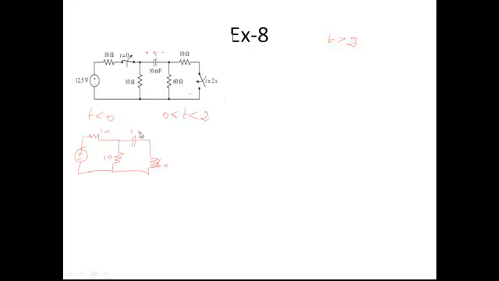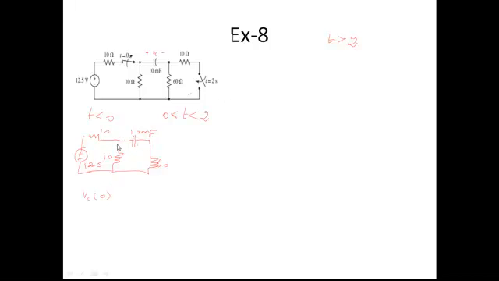This is 10 millifarad, 12.5. Simplified like this. Now for this circuit you have to find out the Vc of 0. Again, you assume that at time t lesser than 0, it's under steady state. Under steady state, the capacitance will act as an open circuit.